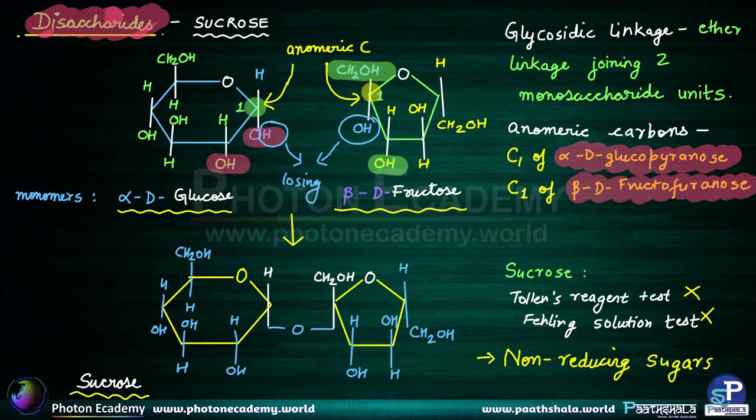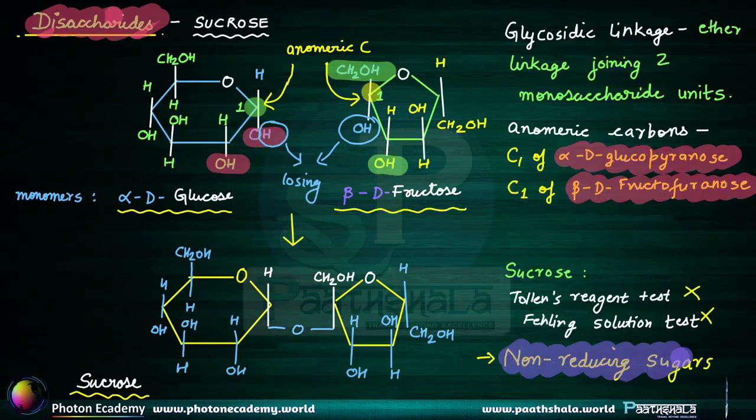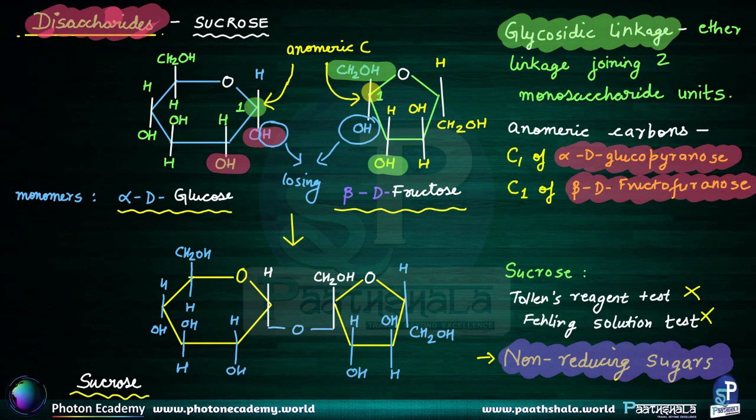These are the two monomers. Both the Tollens and the Fehling tests are negative and therefore it is known as a non-reducing sugar. Also, it has a glycosidic linkage, that is an ether linkage between two monosaccharide units. So these are the points of highlight which we can see in our sucrose, which is a disaccharide.